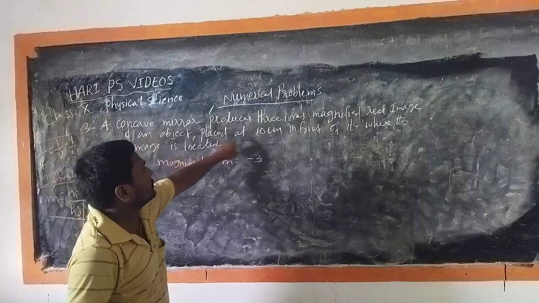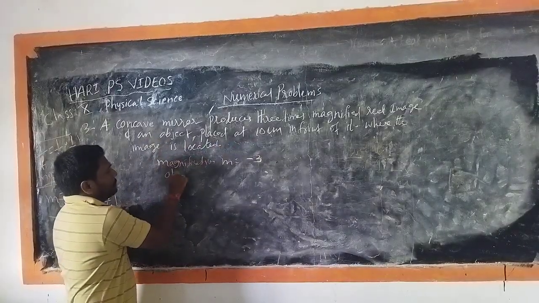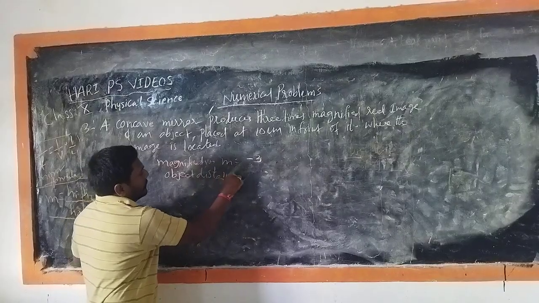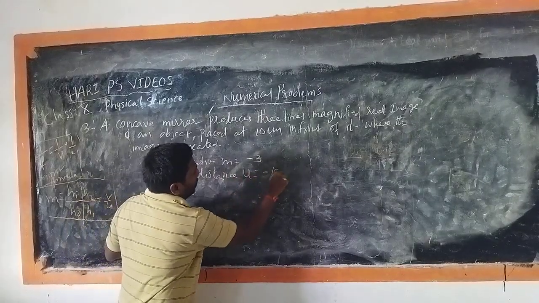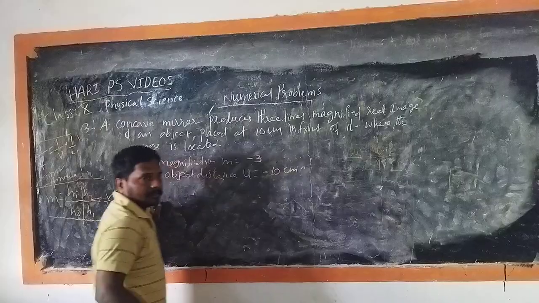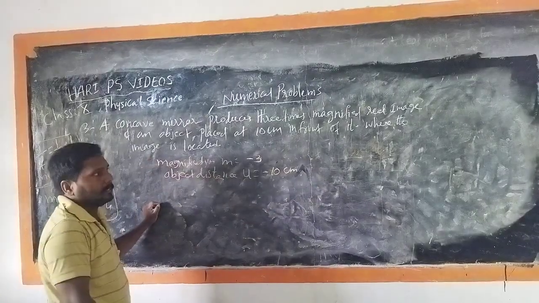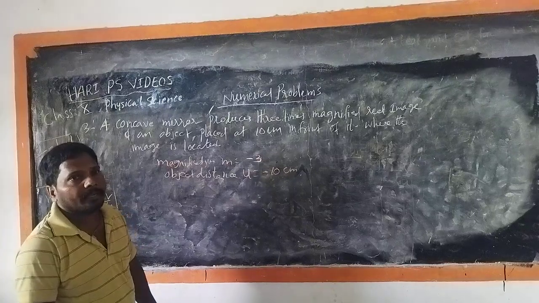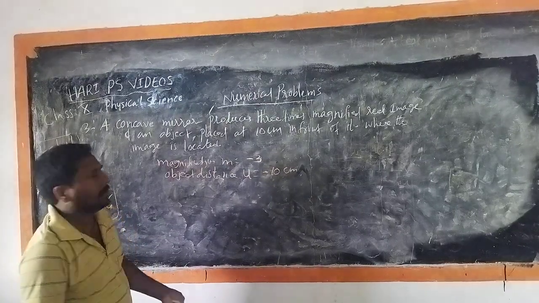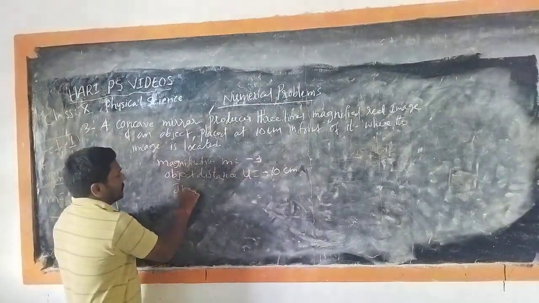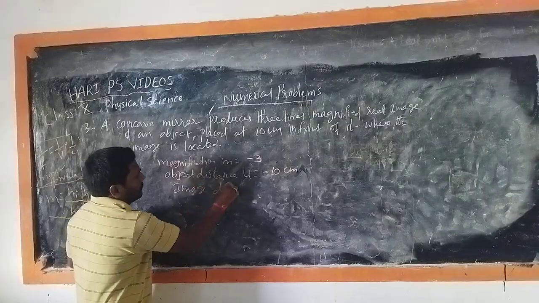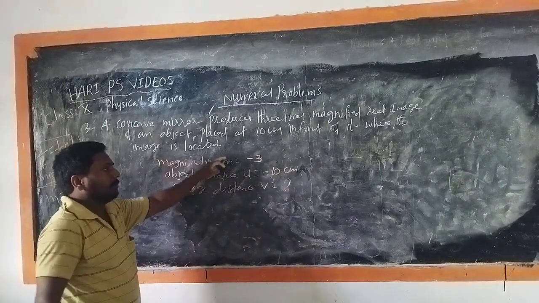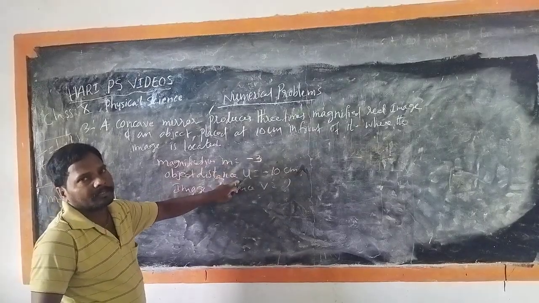The object is placed at 10 centimeters, so object distance u equals minus 10 centimeters. Where is the image located? Then what we have to find is the image distance v.